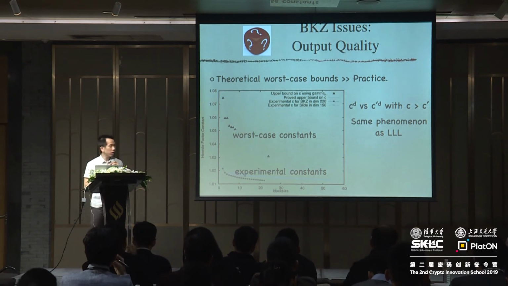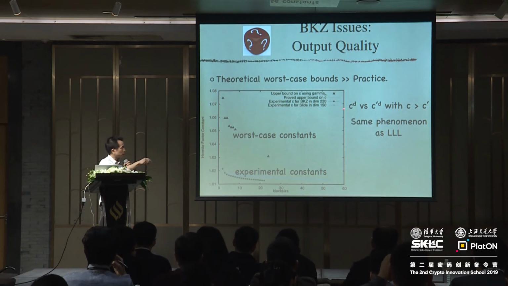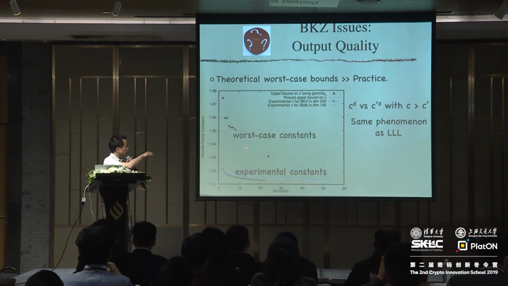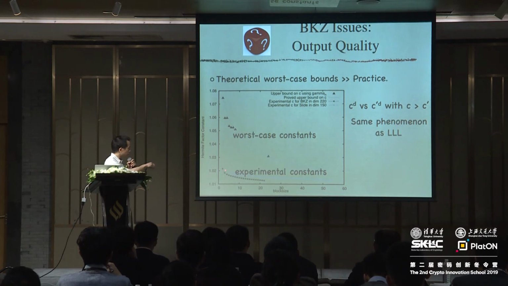So remember in LLL, with this worst case bound, and then the experimental case was with a different constant. So we have the same problem with all these blockwise algorithms. The worst case is related to Mordell's inequality. And then in practice, you have smaller constants. And you want to guess this constant.